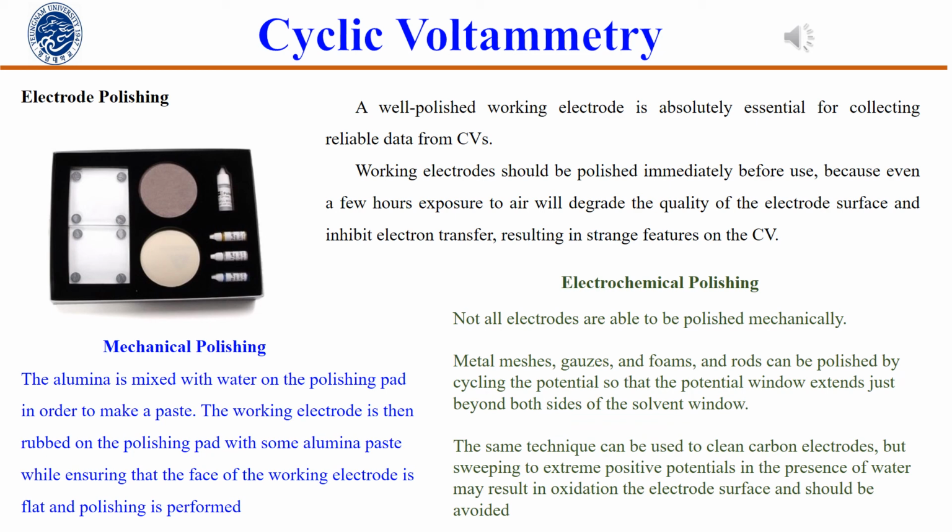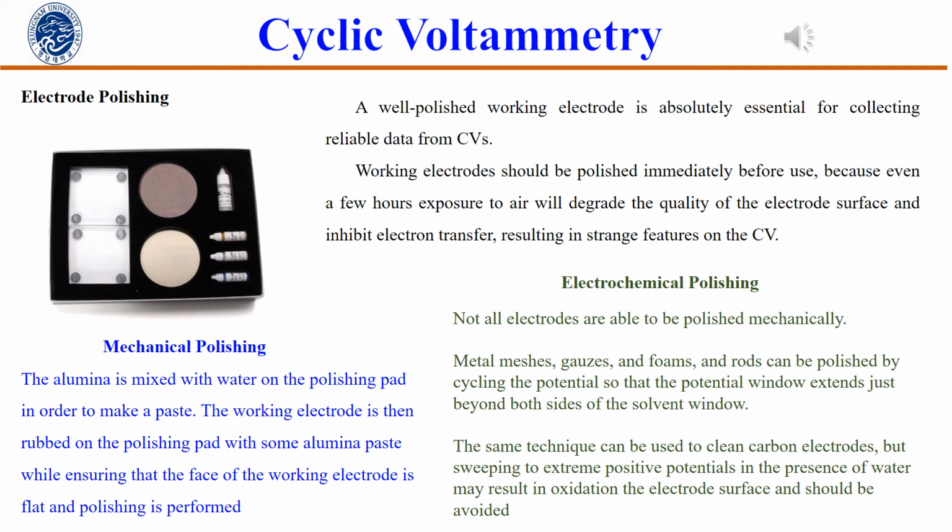The alumina is mixed with water on the polishing pad to make a paste. The working electrode is then rubbed on the pad with the alumina paste, ensuring that the face of the electrode is flat and that polishing is performed so that grooves do not develop in the electrode surface.